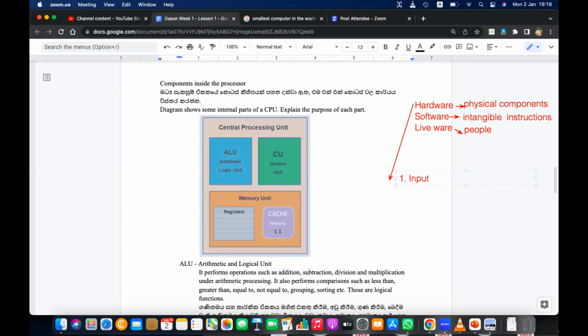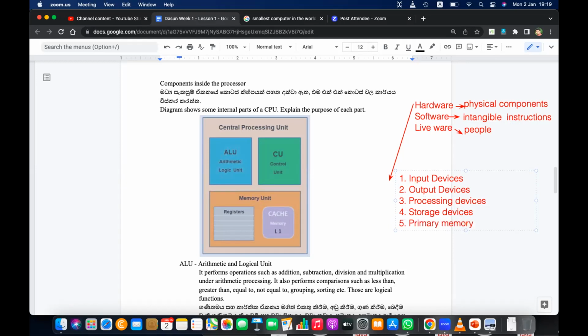Then output devices, storage devices, which store for a long time, processing devices, and main memory, the temporary storage, which is also called memory devices or primary memory.